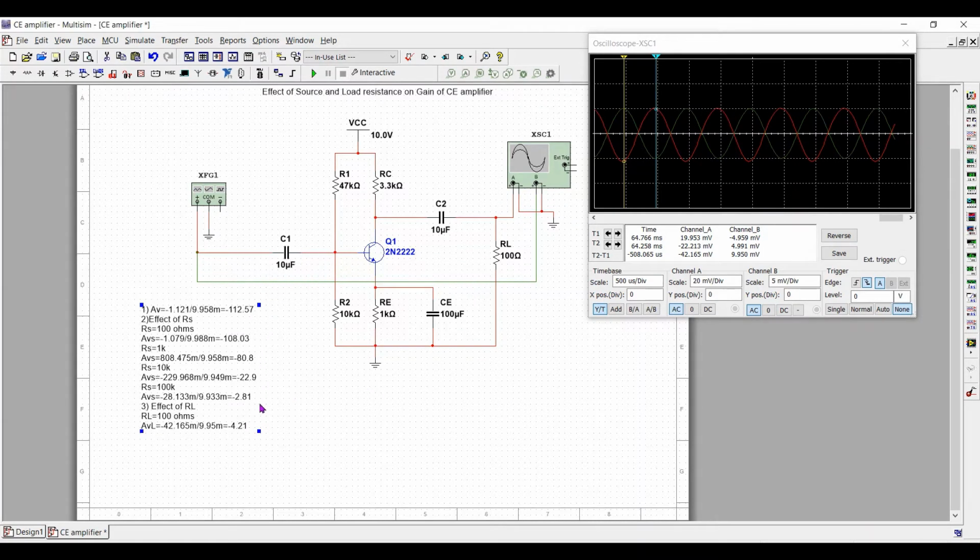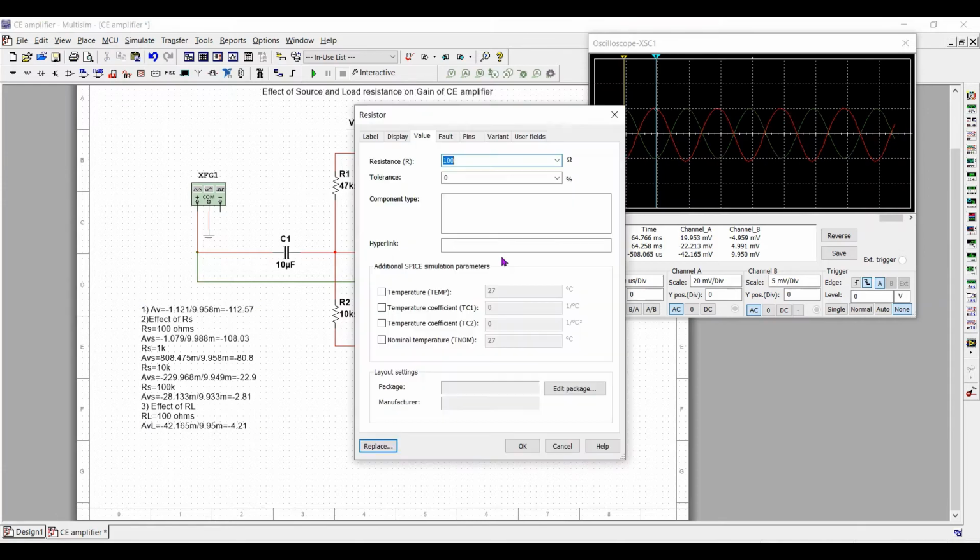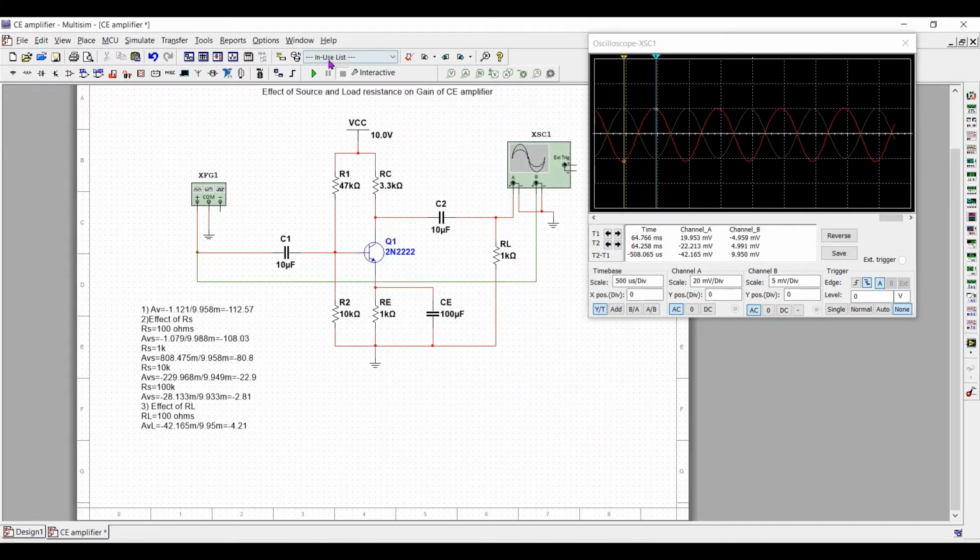This value of minus 4.21 is for RL equal to 100 ohm. So the lower the value of load resistance, the gain is very less. Next, let's change the value of load resistance to 1 kilo ohms. So we are changing it to 1K and observe the output waveform.